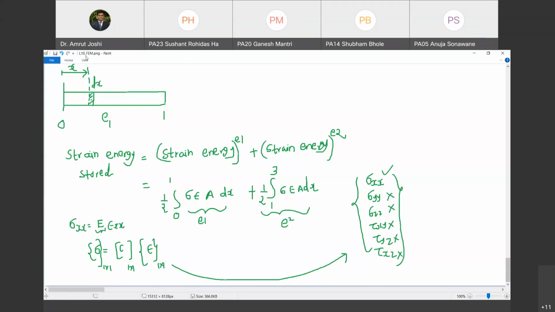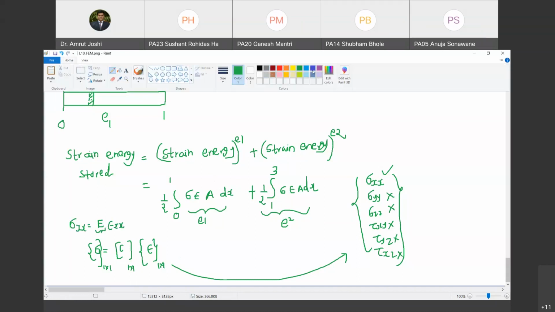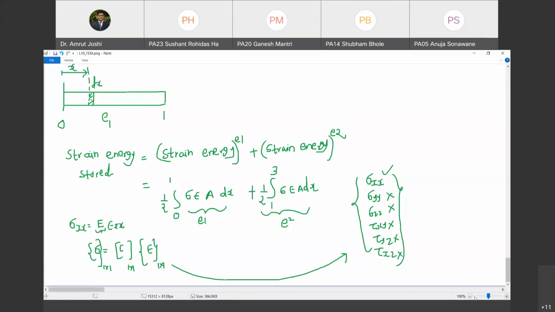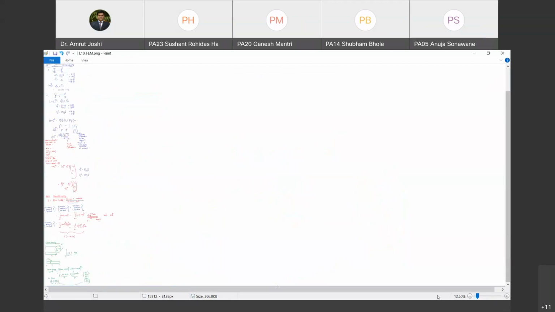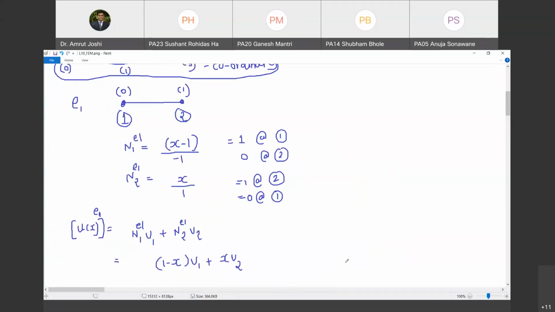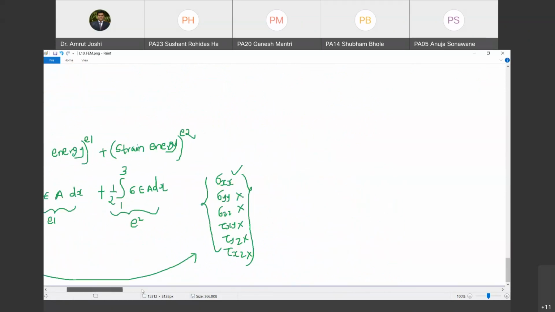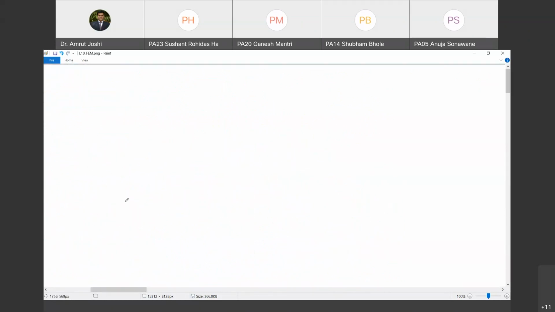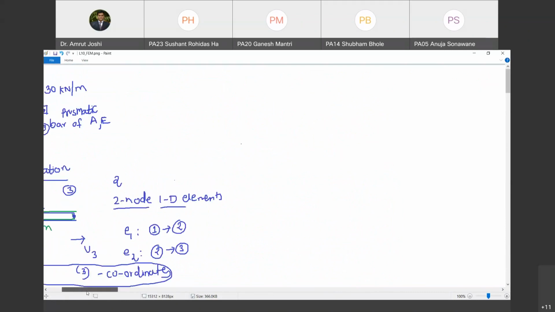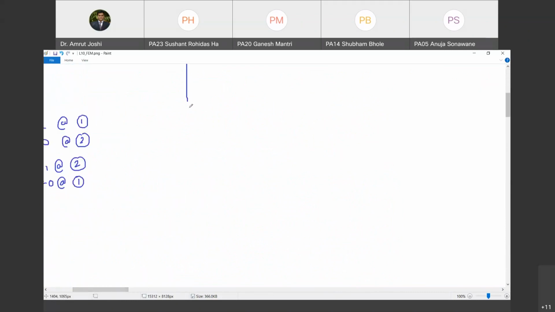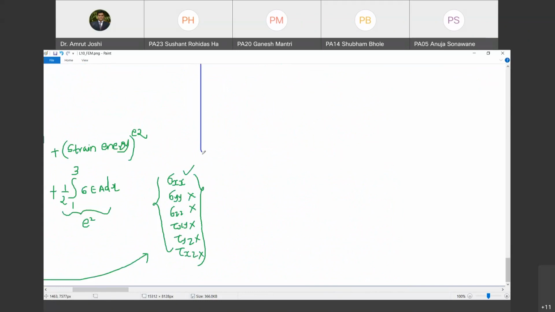But for the sake of completeness, I am going to express this sigma as C times epsilon. But we have to understand C is 1 cross 1 in this particular case, and epsilon and sigma are also 1 cross 1. Are you with me? Yes, sir.